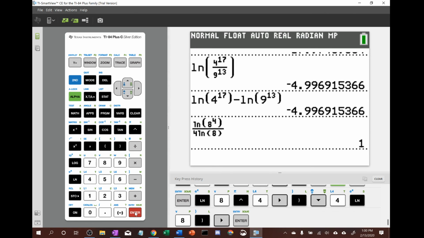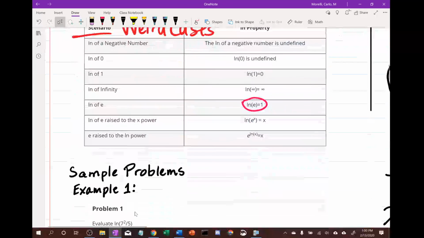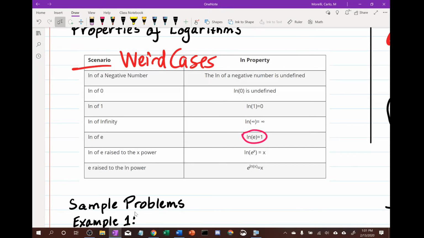Now, there are some special things that you need to know. I want you to write down this here, this here, this here, this here, this here. No, not that last one.